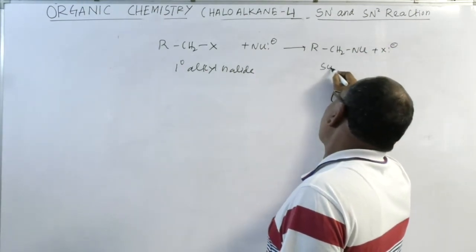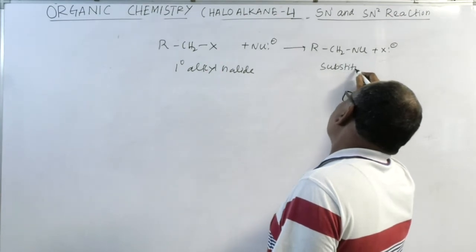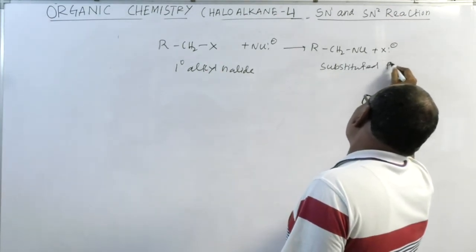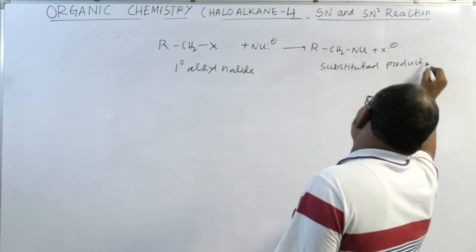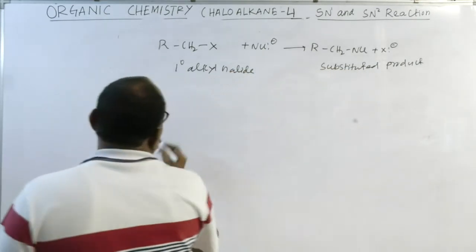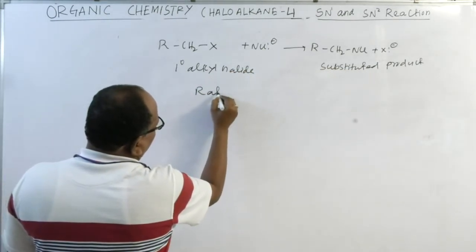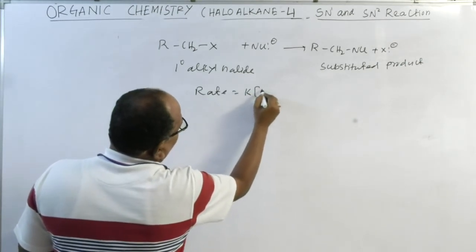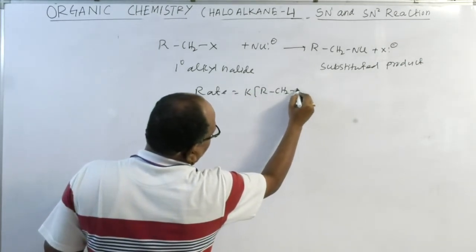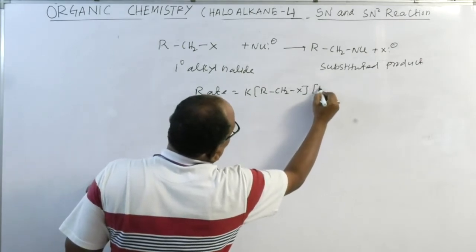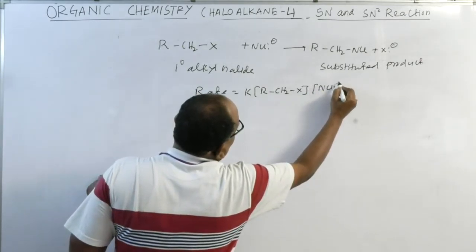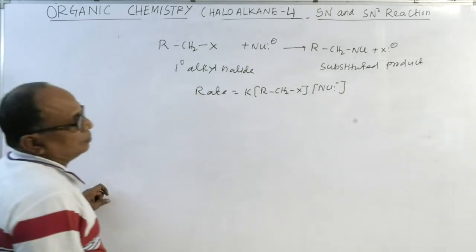This is your substituted product. In this case, rate is equal to k into the molar concentration of RCH2X into Nu minus.